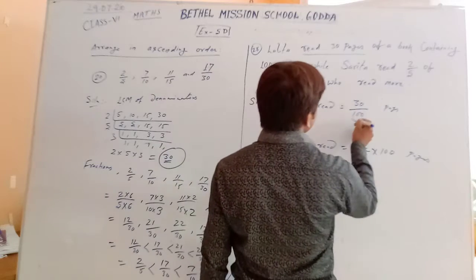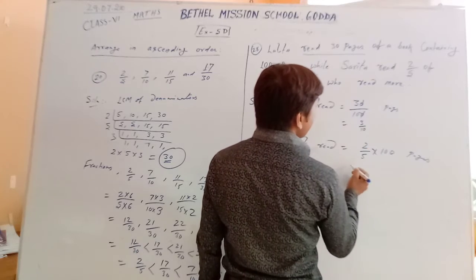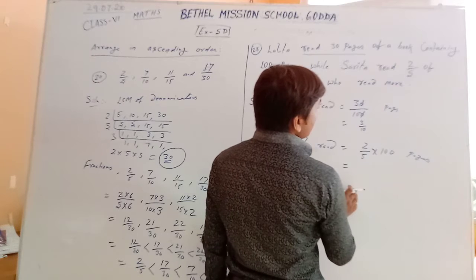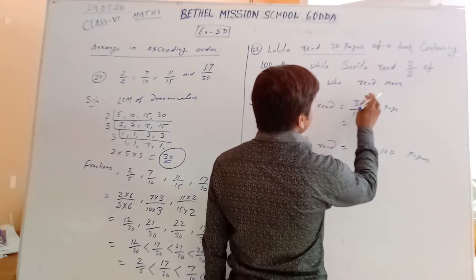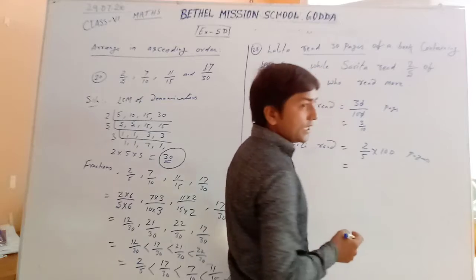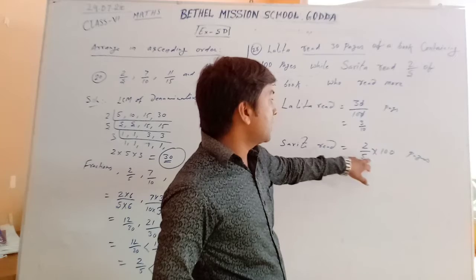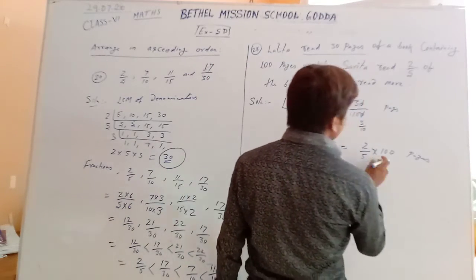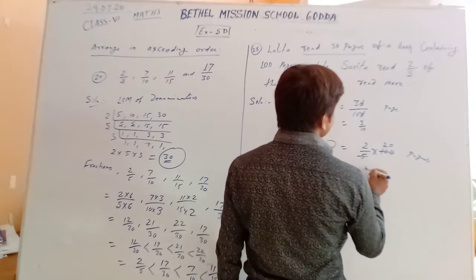When you solve this, 30 upon 100 becomes 3 upon 10. So directly we can write which one is more or less. And 2 by 5 of 100, when we solve it, becomes 40 pages.